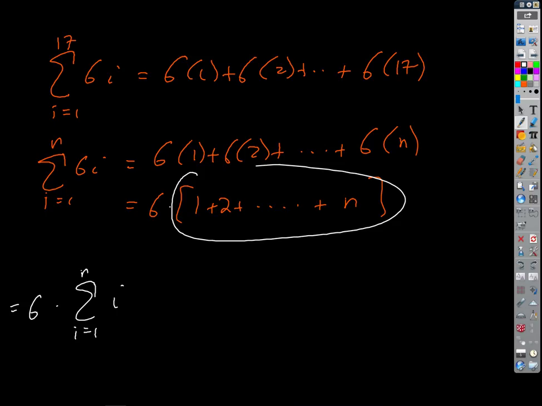So the point here is if I'm taking the sum of 6 times i, the 6 is a constant. It doesn't have an i in it, so that's a factor that can be pulled out front. It doesn't have to be a 6. It could have been an n, or it could have been an x, or it could have been anything. But because it doesn't have an i in it, it's a constant with respect to the summation, right?